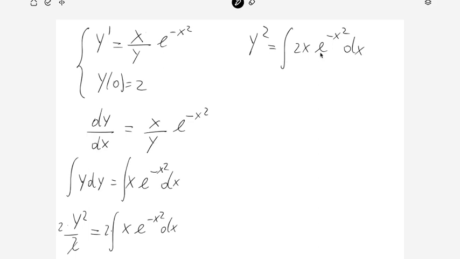Why do I do this? Because 2x is almost the derivative of minus x squared. So I can do this substitution: minus x squared is equal to u. Then du is minus 2x dx, and so 2x dx is minus du.